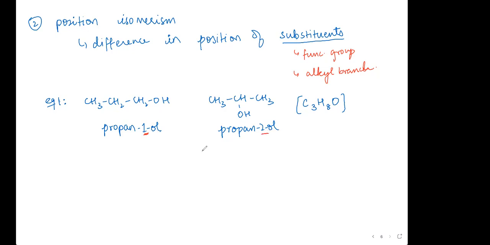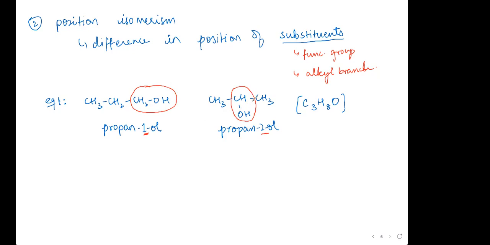And this matters because if both of these undergo a reaction, the reactive site is the cornermost carbon over here, and the reactive site is the central carbon over here.